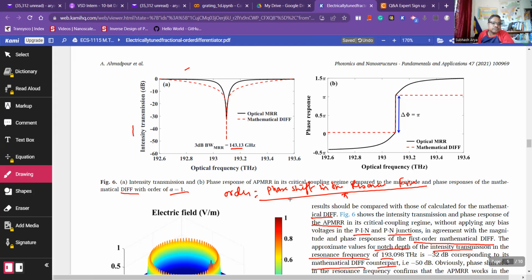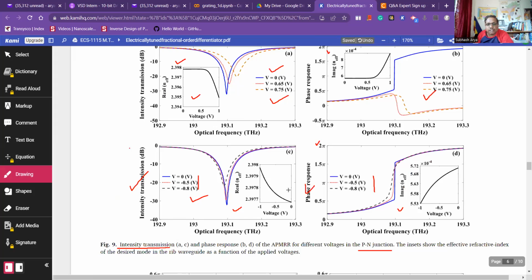So intensity 3 dB, here we can see 3 dB. So this must be 143.13 gigahertz. So this is what they are trying to tell, and that much is sufficient to cover this gigahertz range.